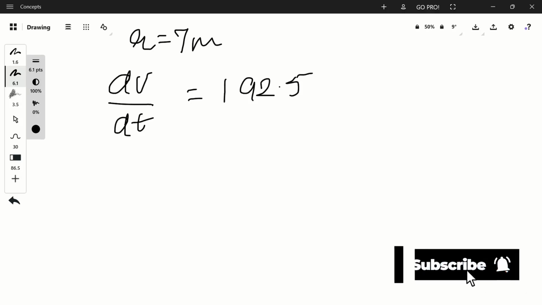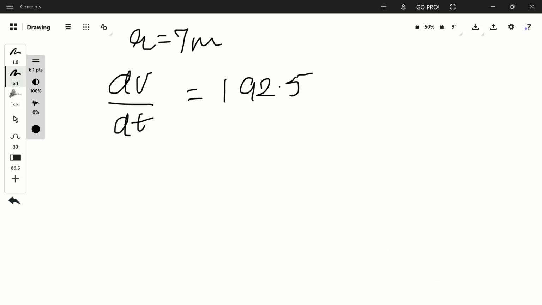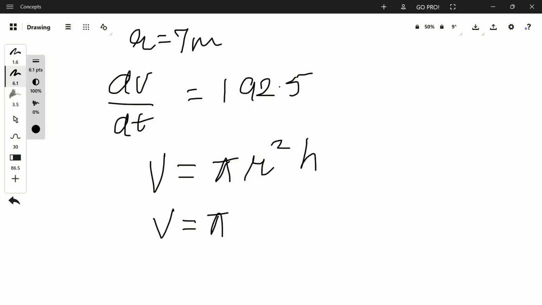The goal is to find the rate at which the water level is rising. The volume of the water in the tank at a given height h is V is equal to pi r square h. Since the radius is constant, we have V is equal to pi 49 h, or 49 pi h.